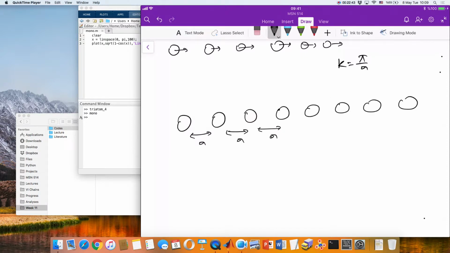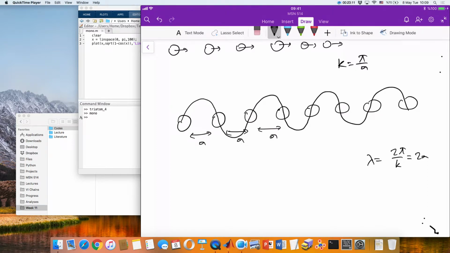What is lambda? 2 pi over k, which gives you what? 2a, right? So it means that we are talking about the shortest wavelength that you can represent on this crystal. The shorter ones have no meaning. Does it make sense to everyone?